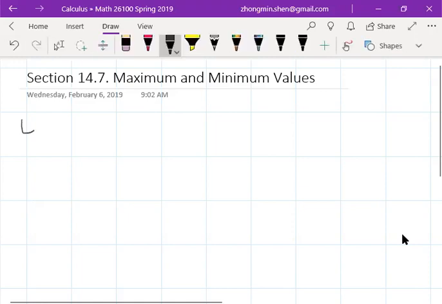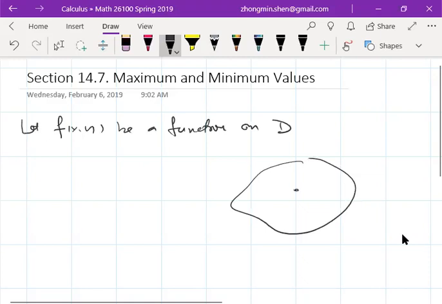So here's a function. The function defined. This is in the two-dimensional case. Okay, so let f be a function defined on a domain D. Okay, I'll open some domain. Okay, so we say that f(a,b), this is the number, right?